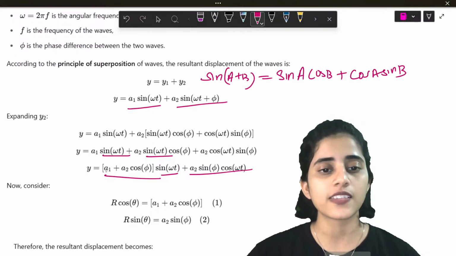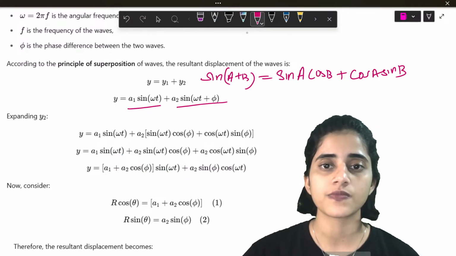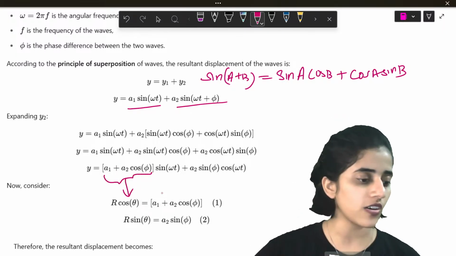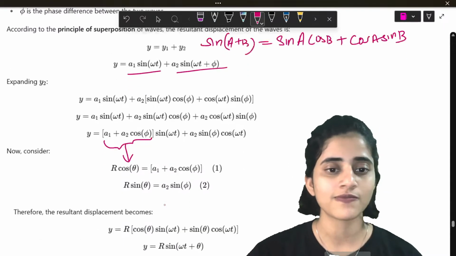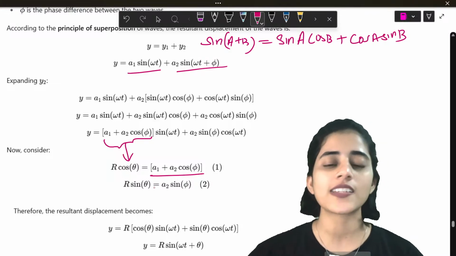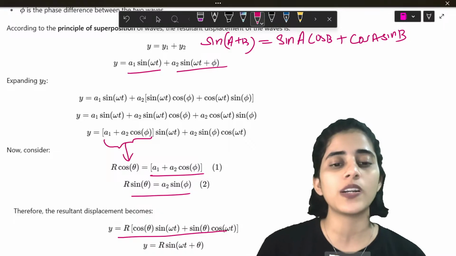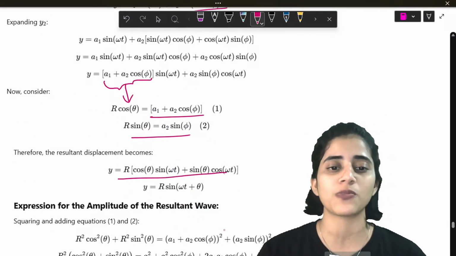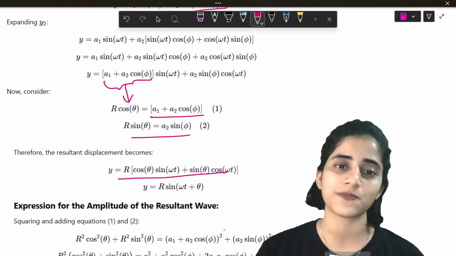It will be this much. This is going to be r cos theta, a1 plus a2 cos phi. So r sin theta is going to be a2 sin phi. And y is going to be equal to what? The resultant r, cos theta sin omega t plus sin theta cos omega t. So y is equal to r sin omega t plus theta.